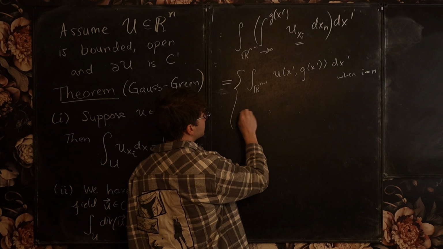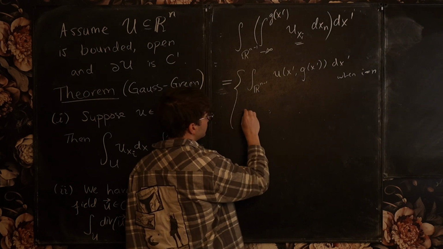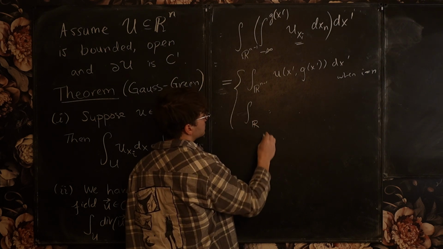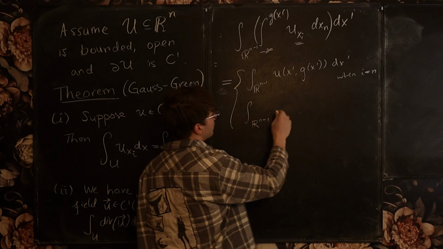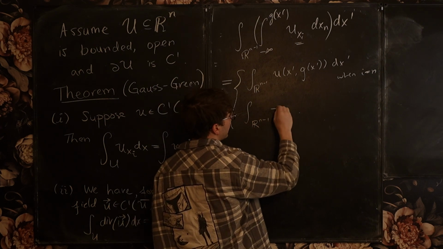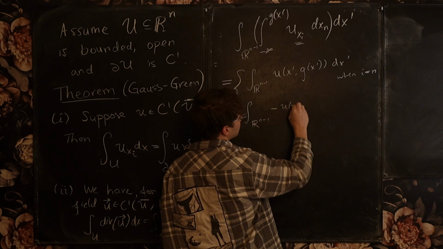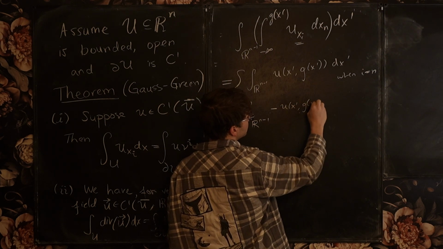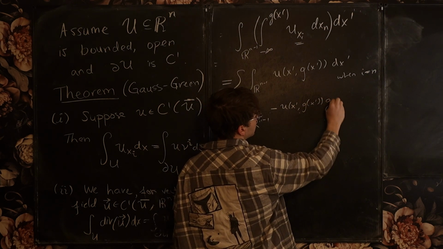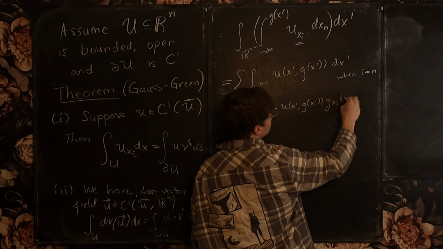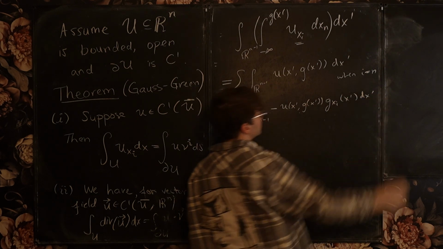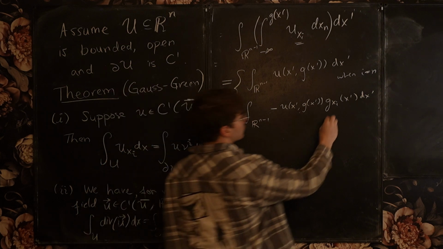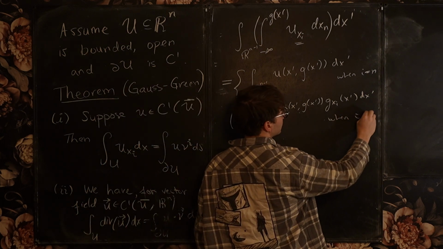And in the case that i is not equal to n, we have the following expression: negative u of x prime, g of x prime, g_xi of x prime dx prime, when i is less than n.